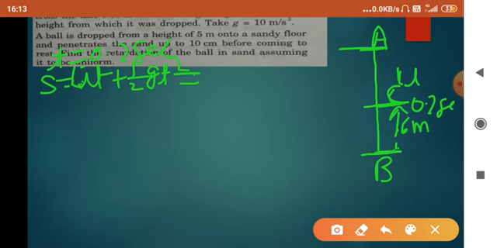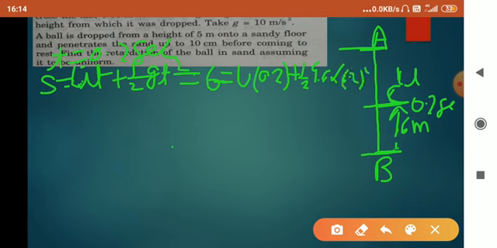So s is 6 meters, and u into time 0.2 plus half, g is 9.8 and t square is 0.2 square.